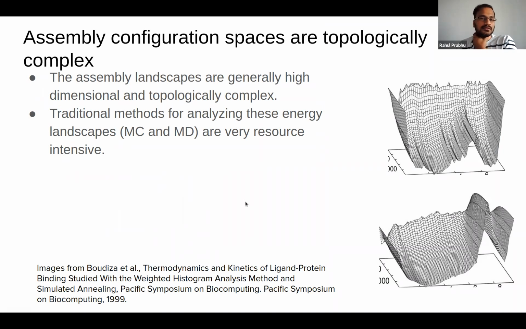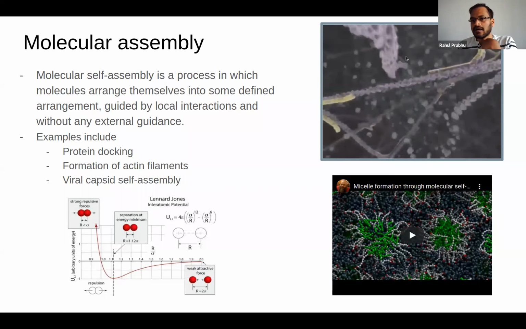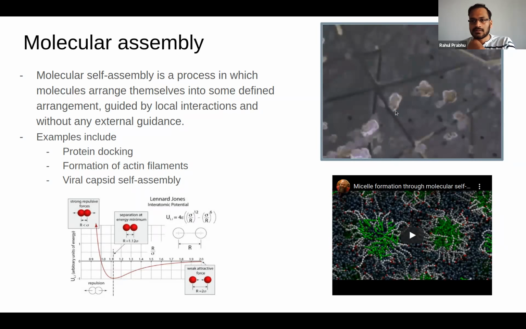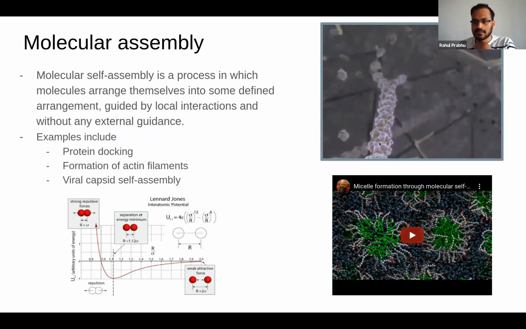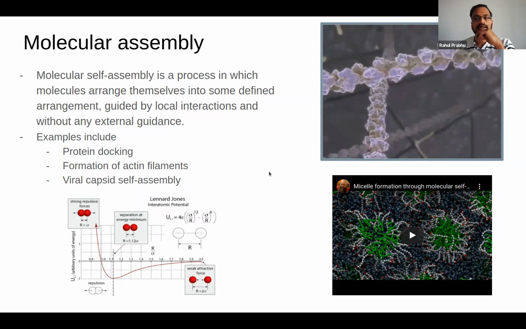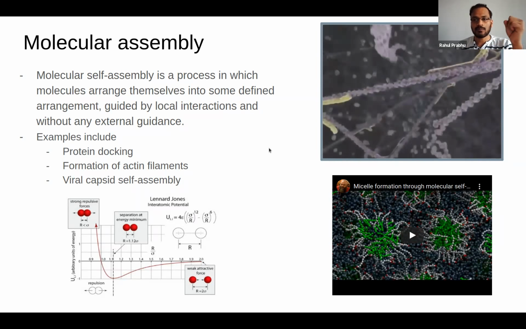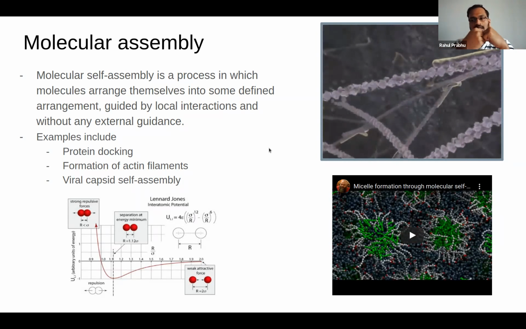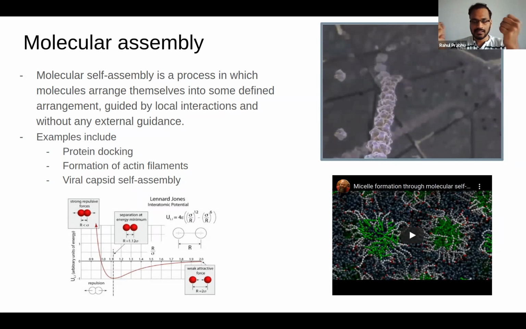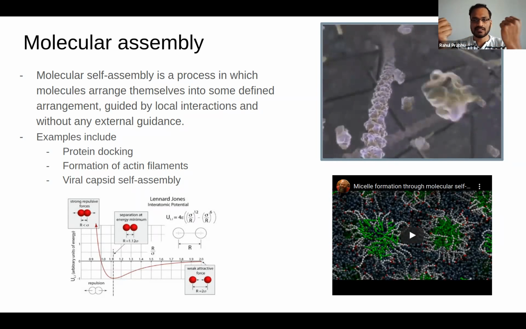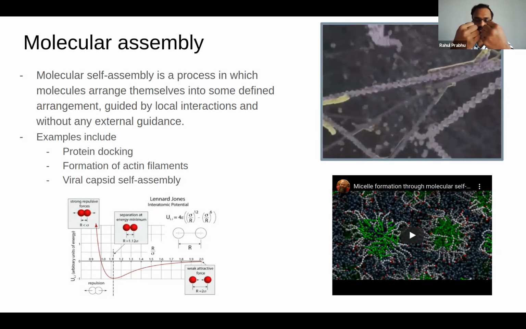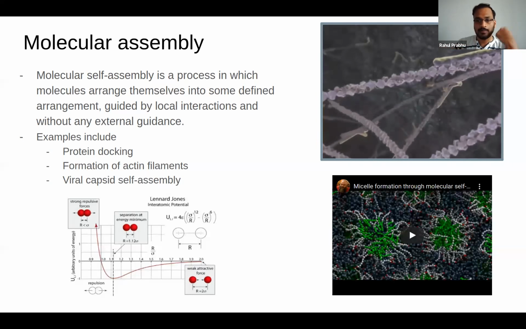So here, even though I've shown multiple particles assembling in both of these, in this study I'm just going to talk about two protein molecules assembling together. So you have protein molecule A, protein molecule B. You have atoms on the surfaces of these proteins that have pairwise potential with atoms on the opposite molecule.